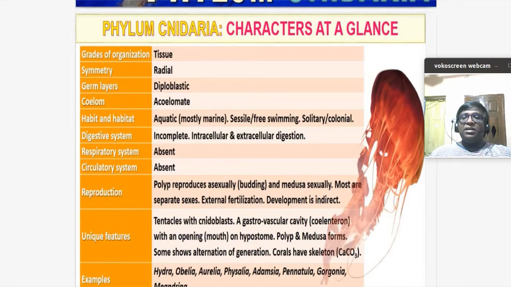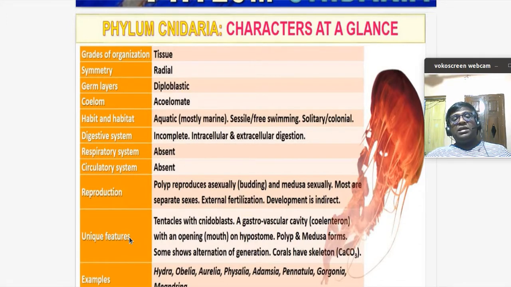So it is not within the organism. Since the fertilization does not take place within the organism and is outside, we call this external fertilization. And development is indirect. What do we mean by indirect? They have a larval stage and the larva then develops into the adult.